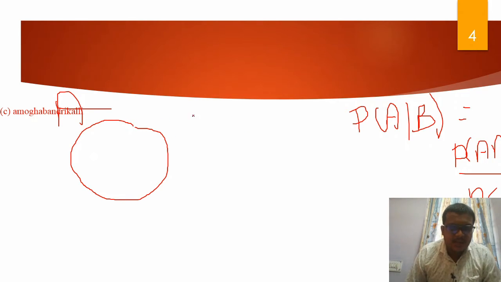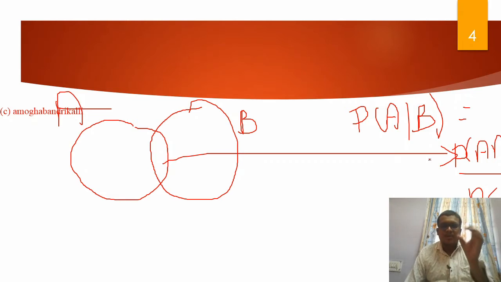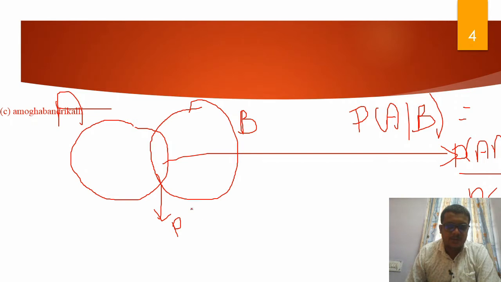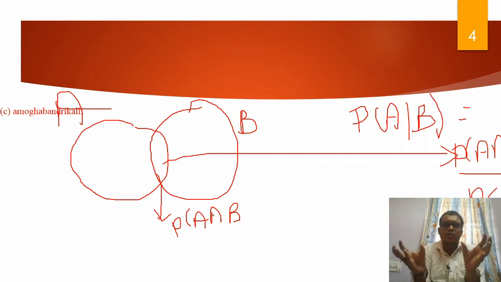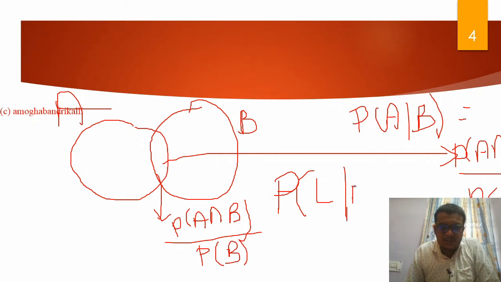Consider this as the probability of occurrence of A, this one as the probability of occurrence of B, and this part as A intersection with B, where both occurrences happen. That is divided by the probability of occurrence of B. This is called the conditional probability of A given B. As per this, we get the probability of labels with respect to features.